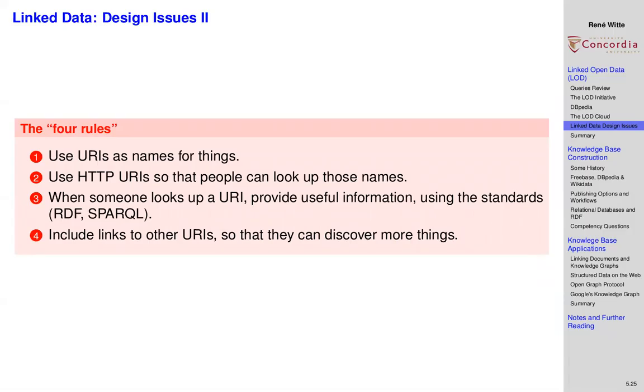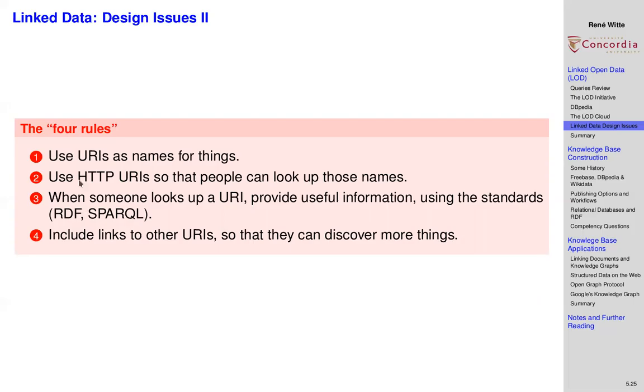So when you build an application or you build a knowledge base for linked data, these are the four core rules that you have to remember. First, you have to use URIs to name things. Now, that's the principle of an RDF entity, a subject. You give it a URI.